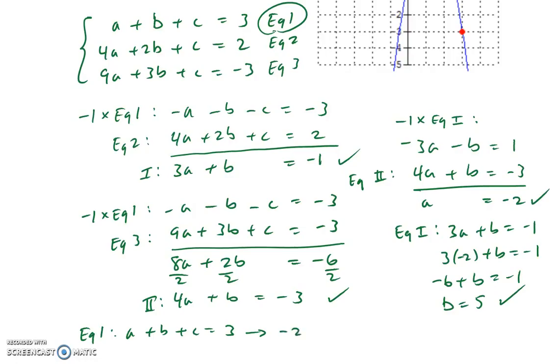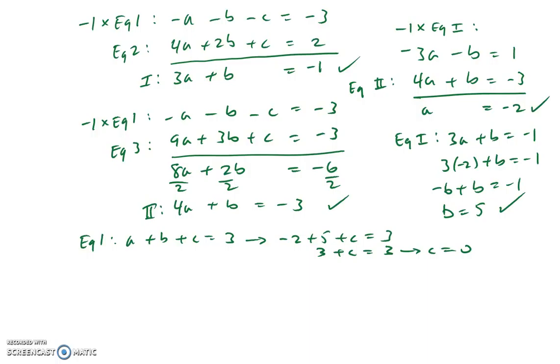That is -2 plus 5 plus c equals 3, or 3 plus c equals 3. It would follow that c must be equal to 0. So I've obtained a equals -2, b equals 5, c equals 0.